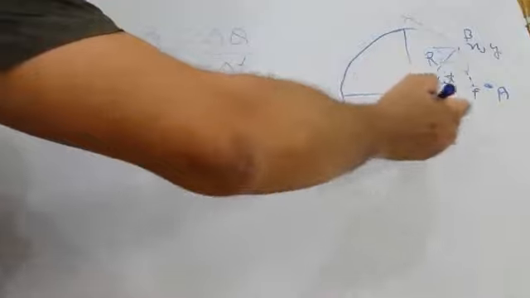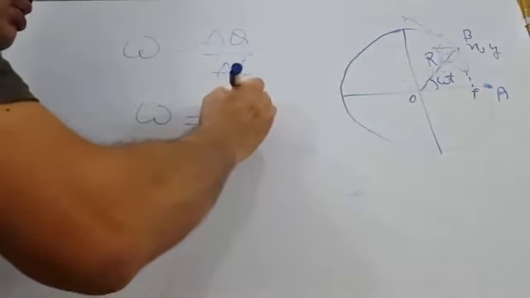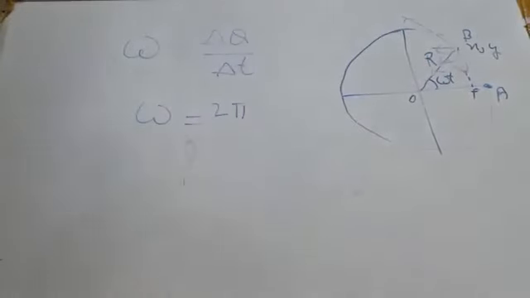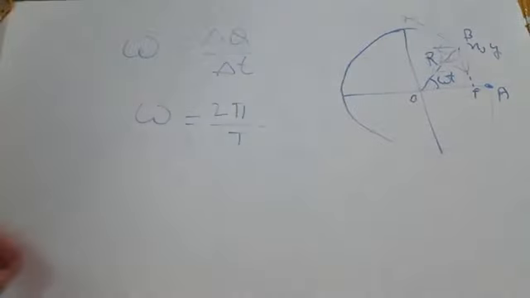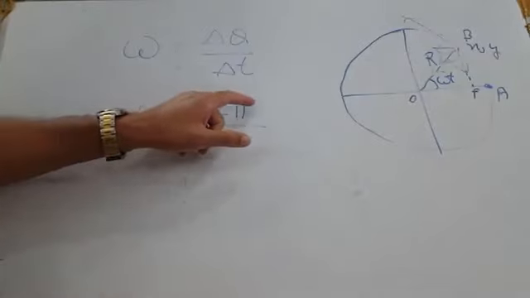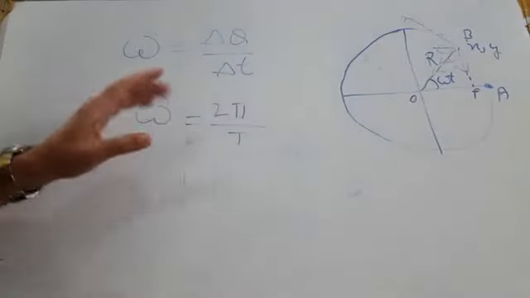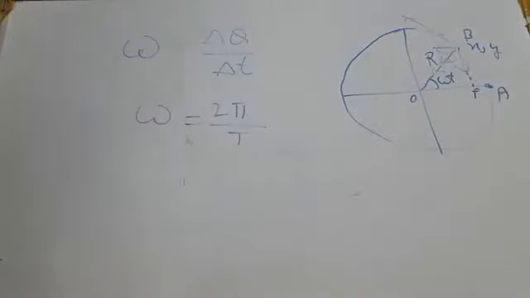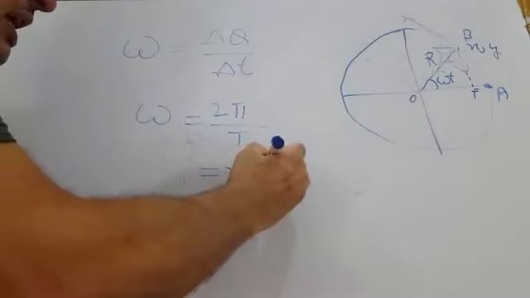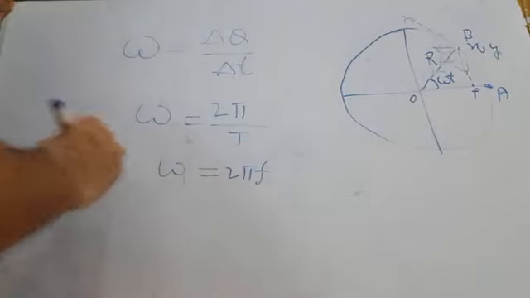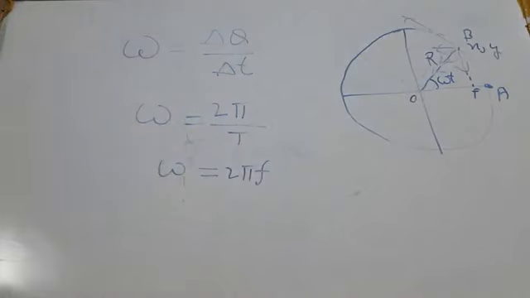In one complete rotation, angle traveled in radians is 2 pi, and time taken is called time period. So it takes capital T time. In capital T time, it travels 2 pi radians, so that will be angular velocity. 2 pi by T will be the angular velocity, and we know 1 by T is the frequency, so it will be 2 pi f. So angular velocity is 2 pi by T or 2 pi f.